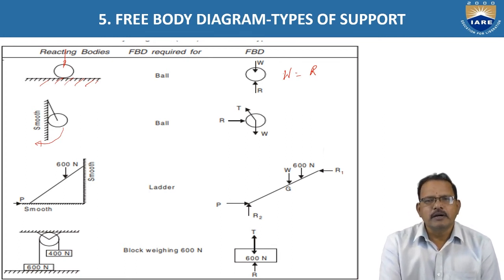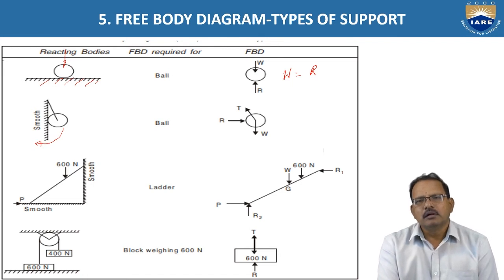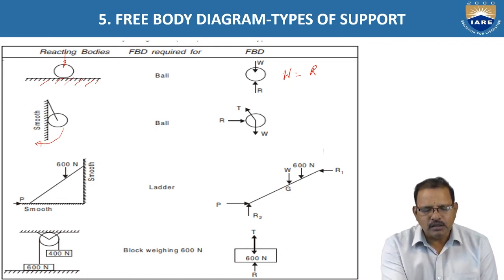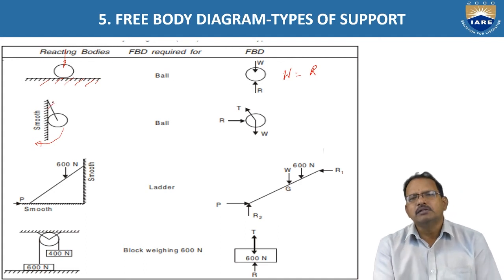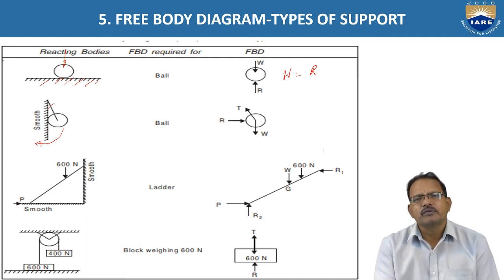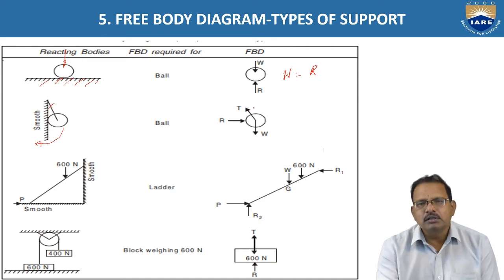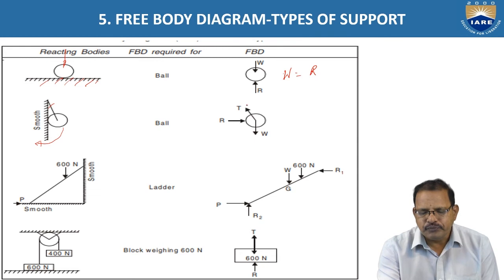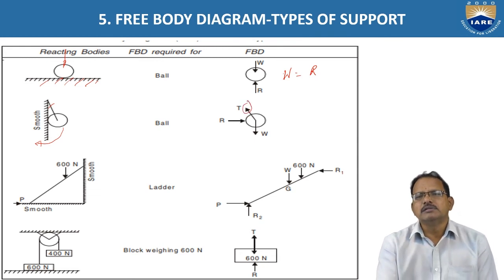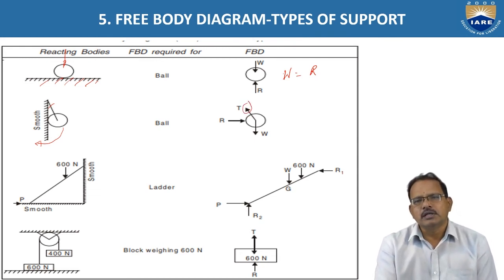Hence, while drawing the free body diagram, the rope is there, which is preventing its motion in the downward direction. The reaction within the rope is always away from the object and along the direction of the rope. Hence, the tension in the rope is represented by T. Its direction is along the direction of the rope.